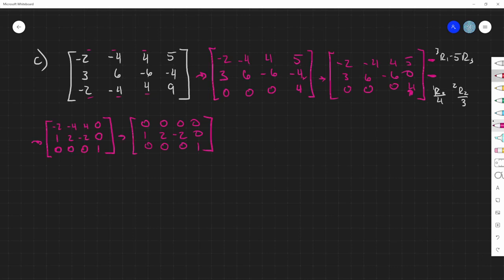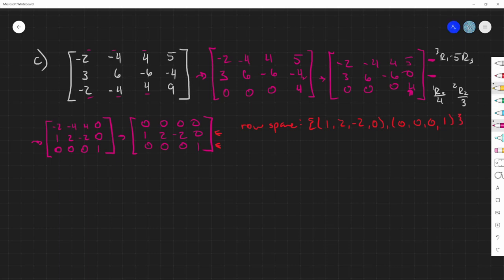Here we go. Now we have to find the row space. Again, the non-zero rows. So our row space is going to be 1, 2, -2, 0, and then 0, 0, 0, 1.